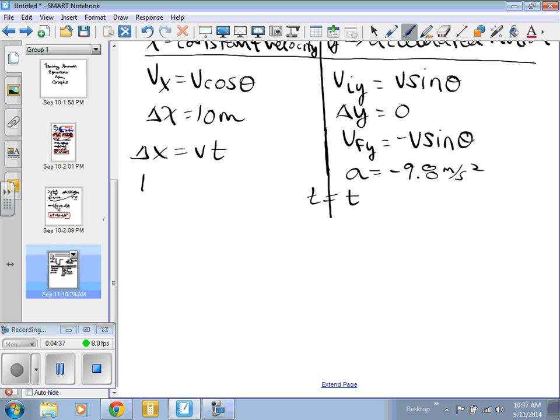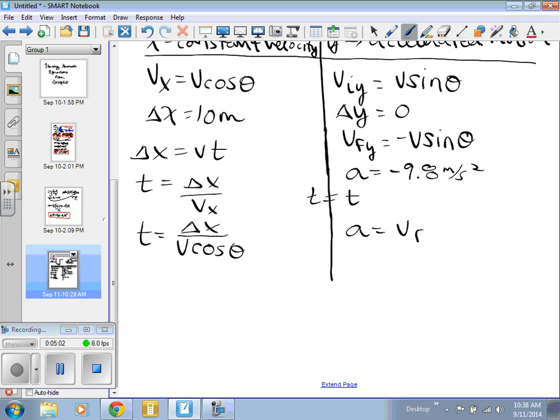All right, so we're going to use the equation delta x equals Vt, and we're going to solve for t. So we get t is equal to delta x divided by Vx. And we know that Vx is V times the cosine of theta. In the Y direction, we can use the equation acceleration is equal to v final minus v initial over t.